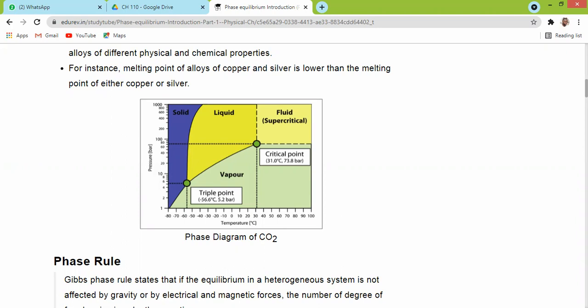This point here, which is known as the triple point, is a point where the molecule you are studying exists in all 3 states. So at this particular point, on the phase diagram for carbon dioxide, carbon dioxide is a solid.